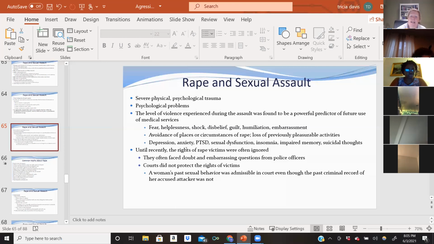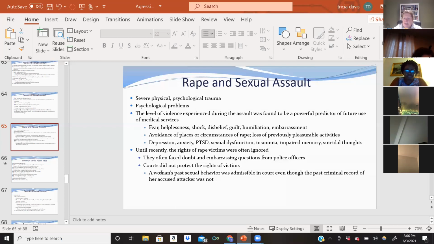Until recently, it is true that the rights of rape victims were often ignored. Especially from police officers, there was a big stigma regarding the embarrassing questions that they asked, and some police officers made these victims feel like they were lying. And then courts, even just a couple years back, didn't protect the victims' rights.